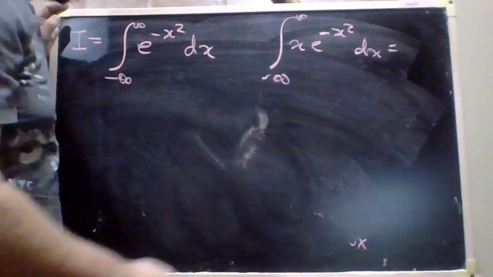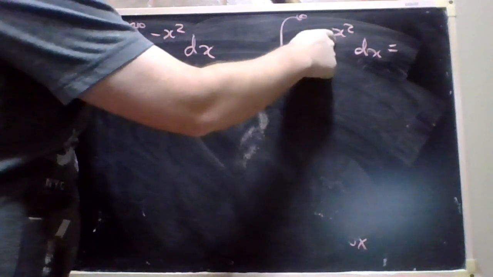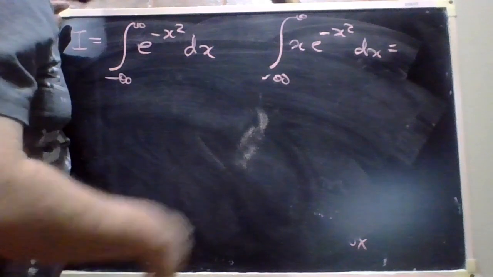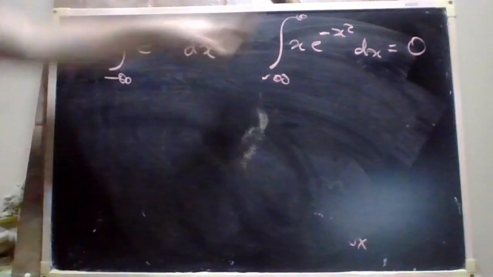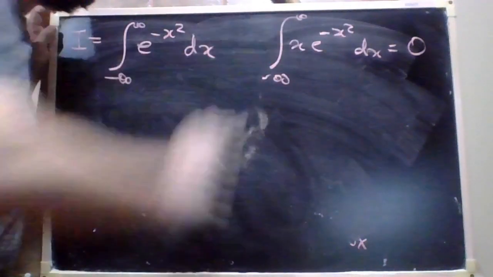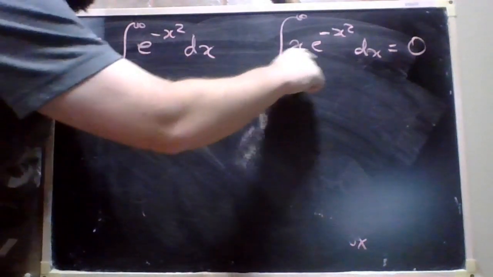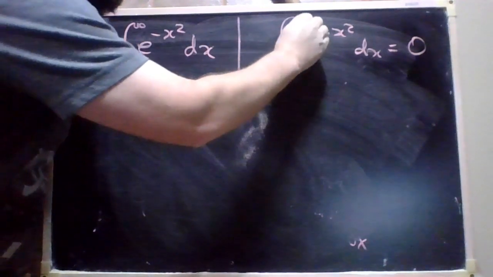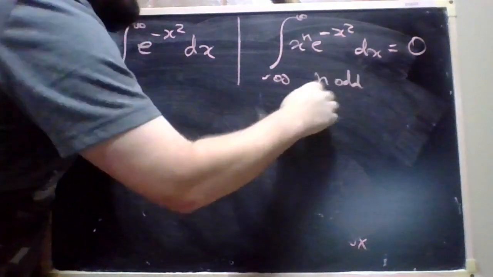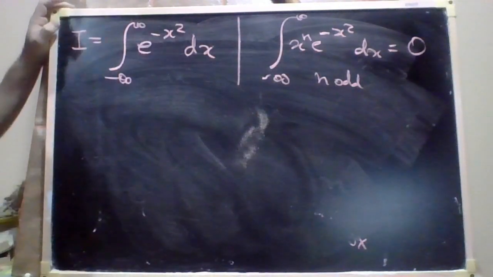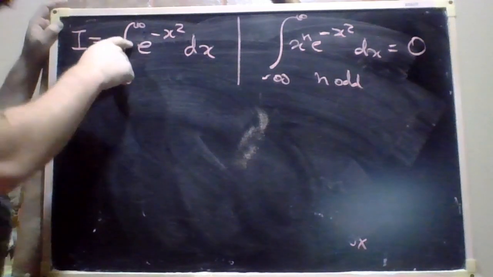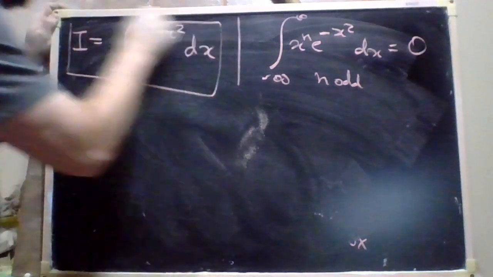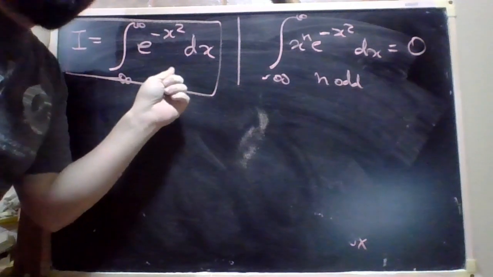This is an odd function, because if you replace x by minus x, you reverse the sign of the integral. By symmetry, you can show it has a result equal to 0. So this is an even function, and this is an odd function. If you plug in odd powers, 1, 3, 5, and odd numbers, it goes to 0. So we are eventually interested in even powers here. But first, we need to show what is the value of this integral.